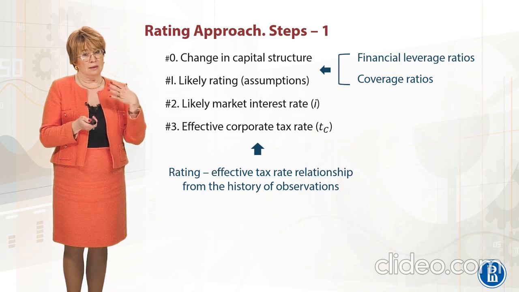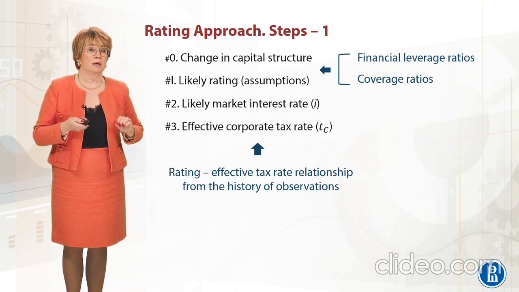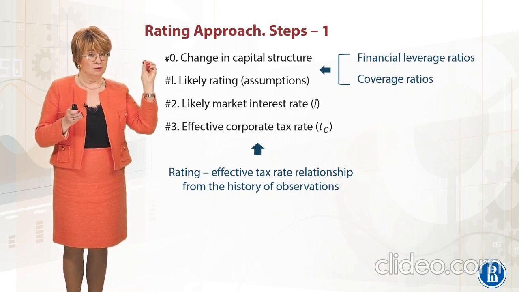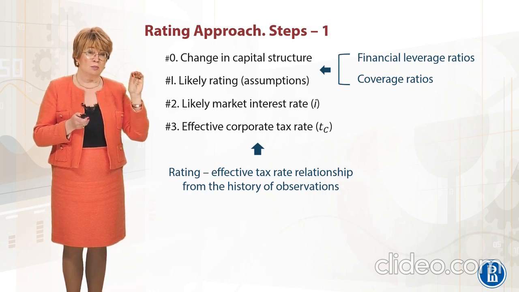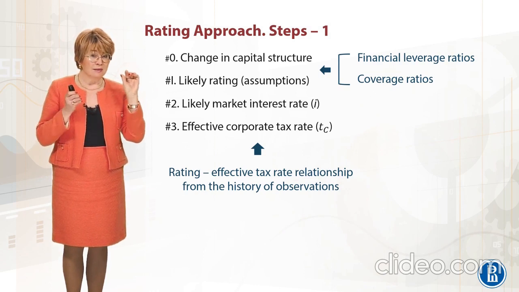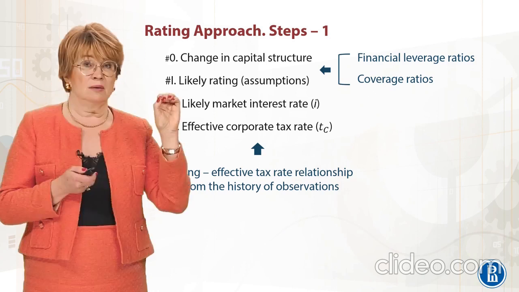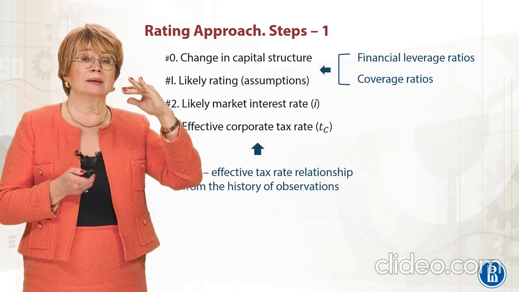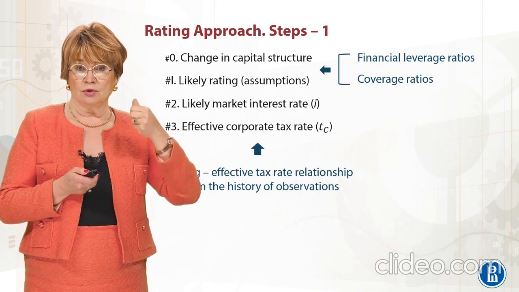After we understand the potential changes in these two sets of financial ratios and coefficients, then going back to the rating tables, pieces of which I showed you in a previous point of our discussion, we can assign, especially with the coverage ratio, the likely homemade rating to the potential debt of the company, and this is our assumption.